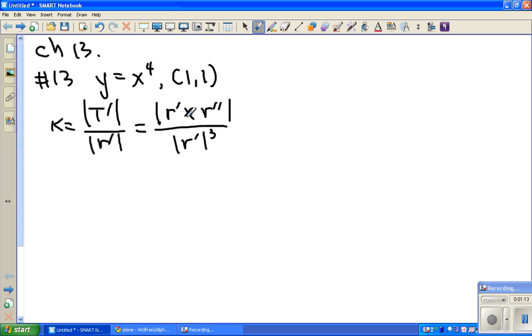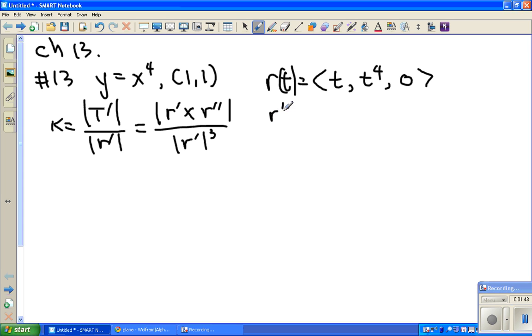Now, the thing is, when we want to do the cross product, it is based upon 3-dimensional vectors, and here we only have 2 dimensions. So what we're going to assume is this: r of t must be t for x, then t to the fourth power for y, and the z component would be 0, so that we are playing on the xy plane.